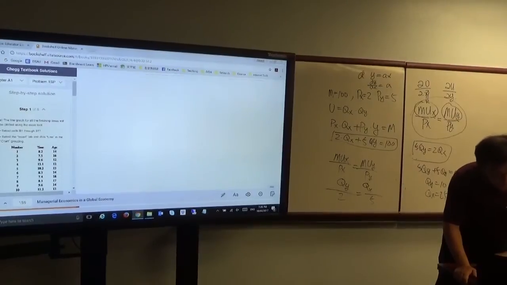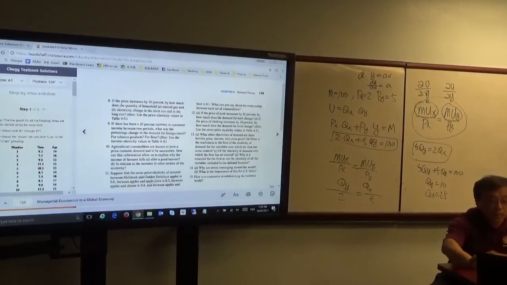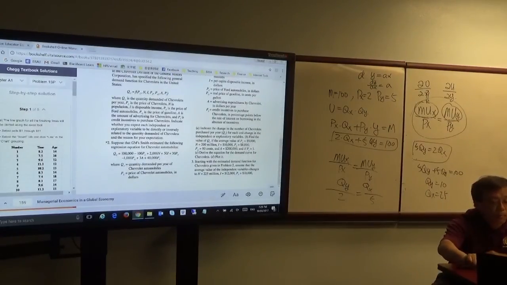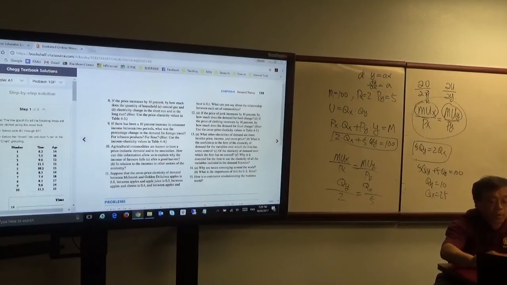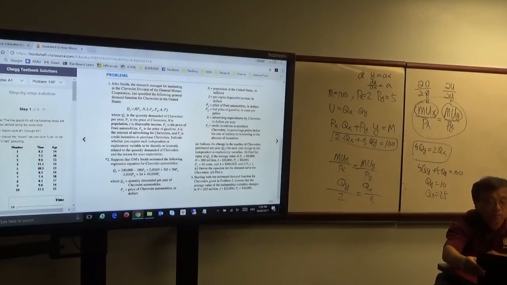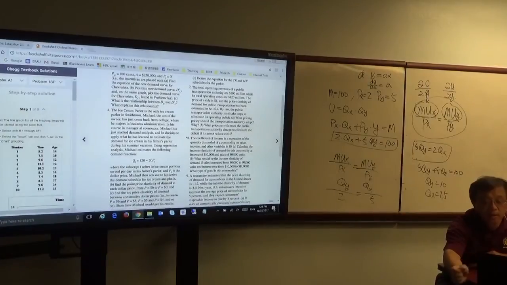It's 2 and 3 and 8 and 9 is in page 160. Number 8. Oh, hold on. How do I go back? The one with asterisk near the number has a solution in the back. Oh, easy. No, I don't need to go back. I need to go forward.